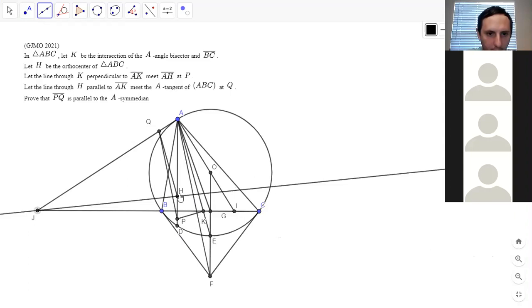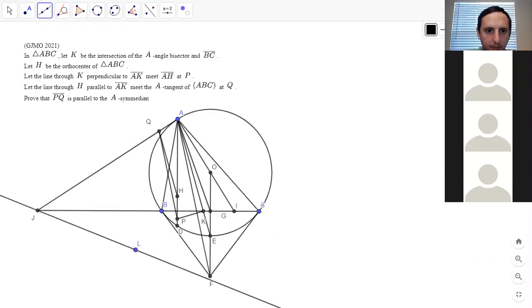No, it doesn't look like it. Oh, wait, I'm trying to think. So we want to show triangles QHP and AEF are similar, right? And their sides are all parallel. We want to show that.